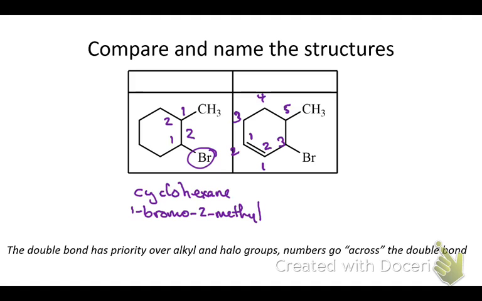So you choose in a ring so that the substituent that's not the alkene gets the lowest number. It leads to some weird stuff. So this would be 3 bromo. I'm just going to name it. 4 methyl. 1 cyclohexene. Why is it 4 methyl?